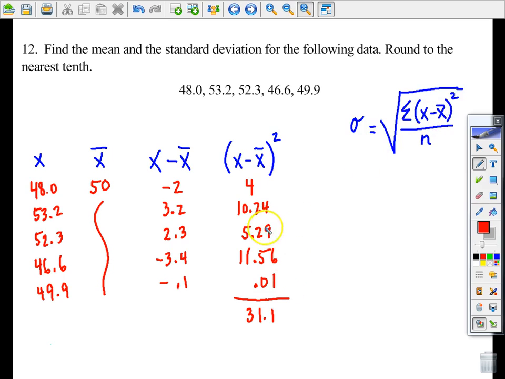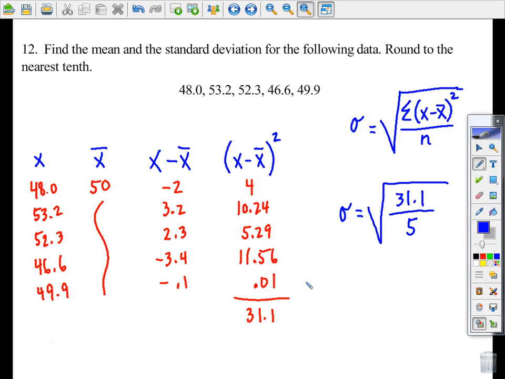All right, so now let's just use the formula for standard deviation. This is the symbol for standard deviation. It's lowercase sigma. The numerator underneath the radical will be 31.1. The denominator underneath the radical will be the number of terms, 1, 2, 3, 4, 5. So in my calculator, I'm just going to do all of this at once. I'm going to do the square root of the fraction, 31.1 divided by 5.